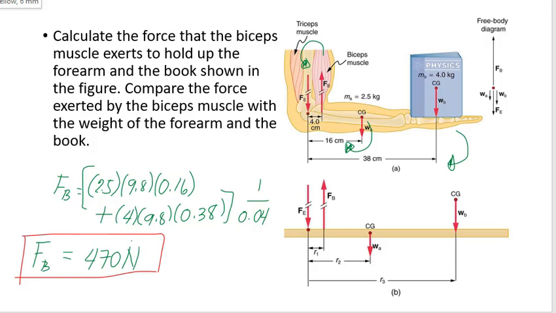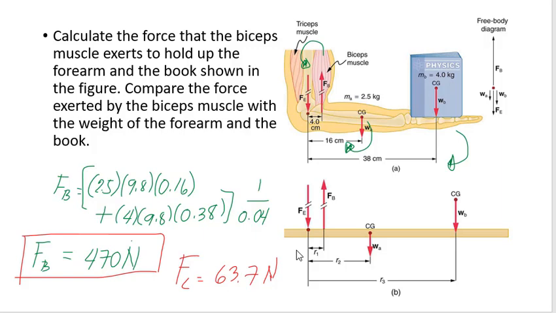We have 4 times 9.8 plus the center of gravity, which is 2.5 times 9.8. The total force exerted by the load is actually equivalent to 63.7 newtons.